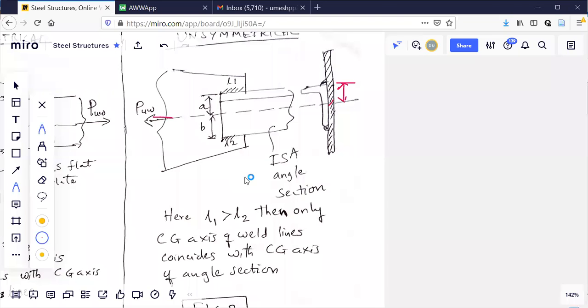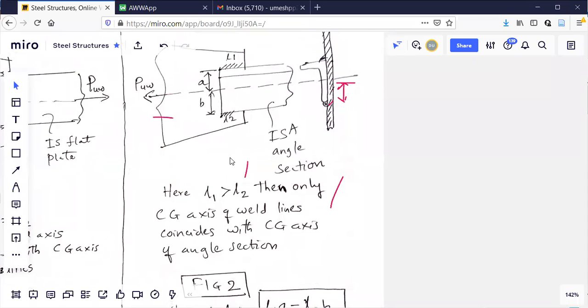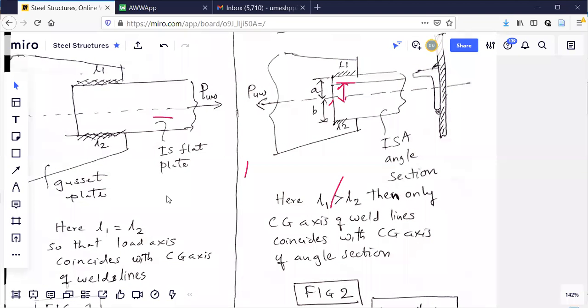So the simple formula to calculate this is here. L1 is greater than L2, then only the centroidal axis of the weld lines coincides with the CG axis of loads that I have written here. You can see why L1 is greater than L2. Here L1 and L2 were the same in case of symmetrical welds.